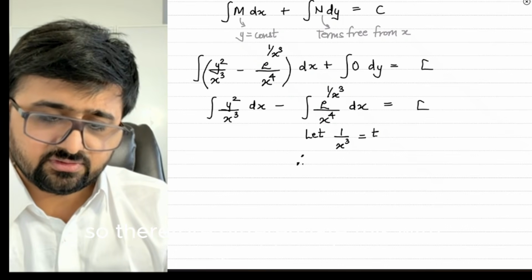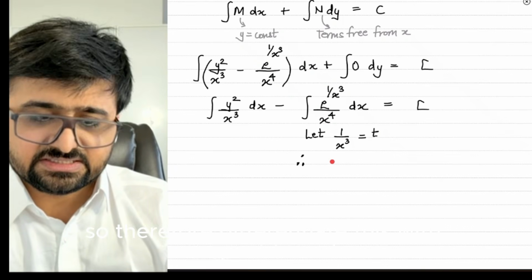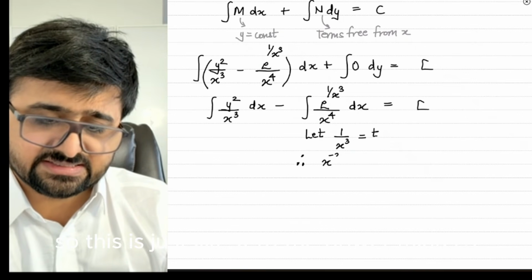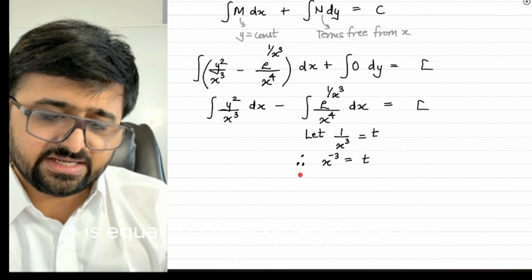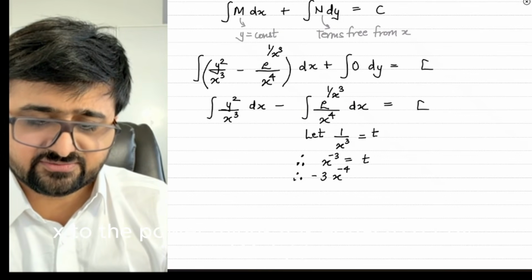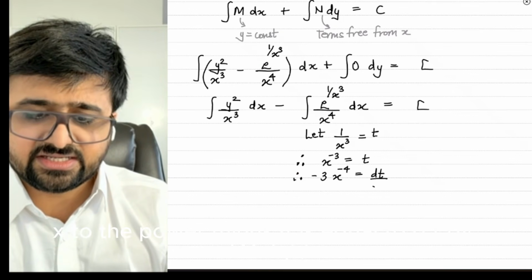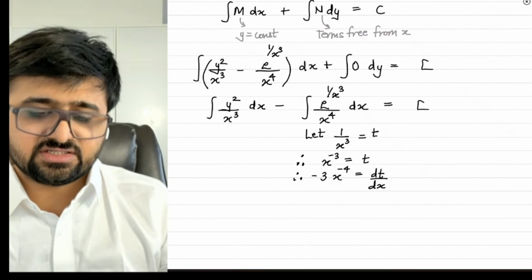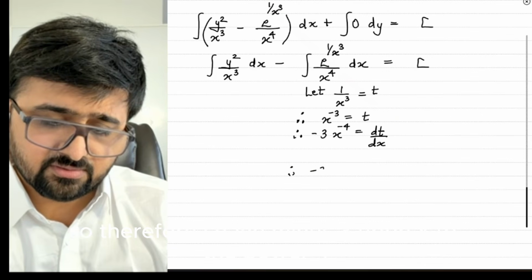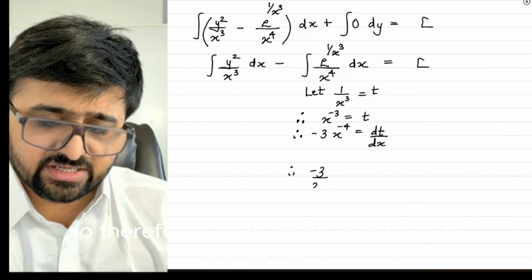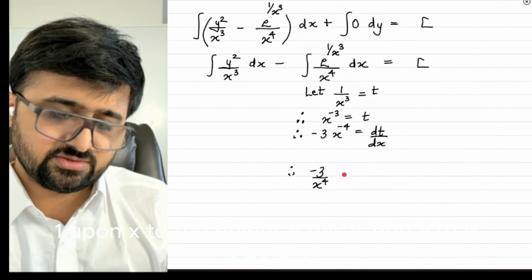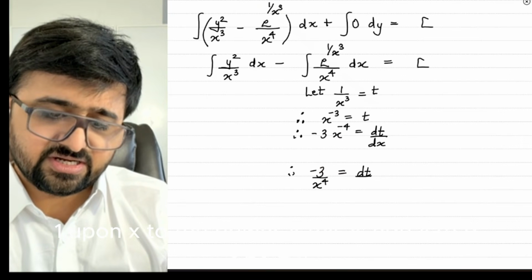Therefore, differentiate this with respect to x. This is just like x to the power minus 3 is equal to t. Now differentiate with respect to x. So you get minus 3 x to the power minus 4 is equal to dt by dx, using the normal differentiation technique. Therefore, I have minus 3 upon x to the power 4, because x to the power minus 4 can be written as 1 upon x to the power 4, equal to dt by dx.